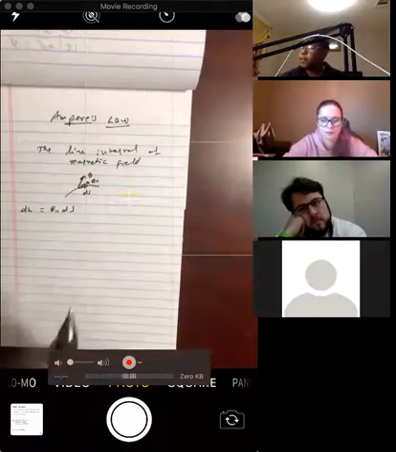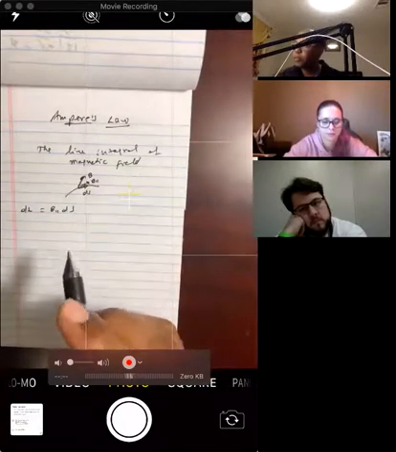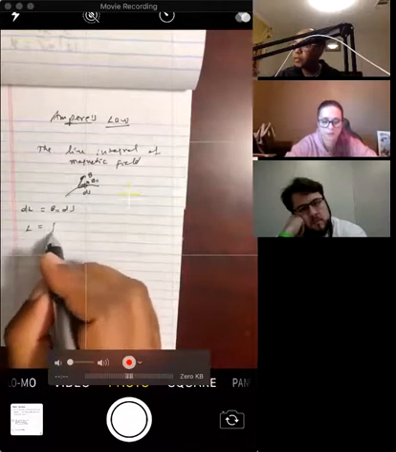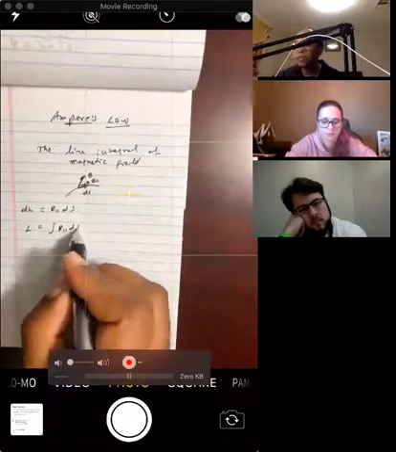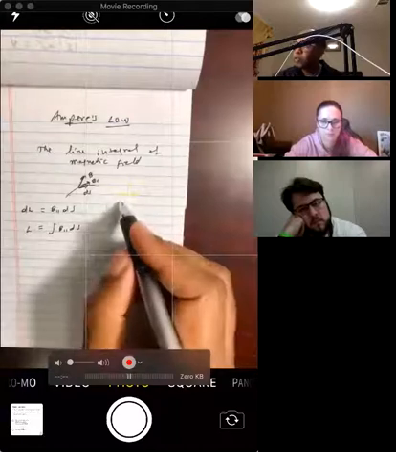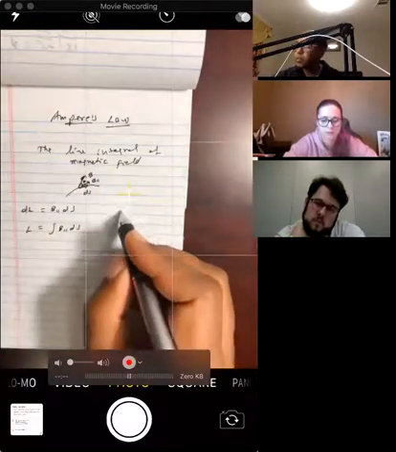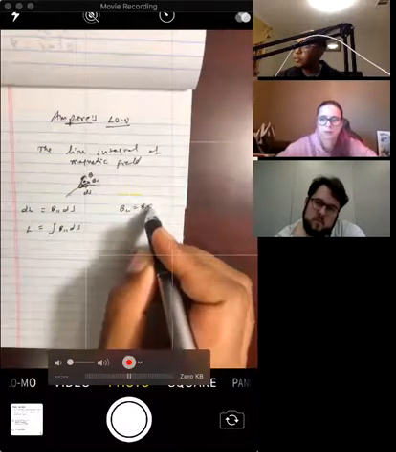Then you simply add up everything, so we get the line integral from here to here. The line integral will be the integral of B parallel times ds. But what is B parallel? If the angle between ds and the field is theta, then B parallel is B times cosine of theta.